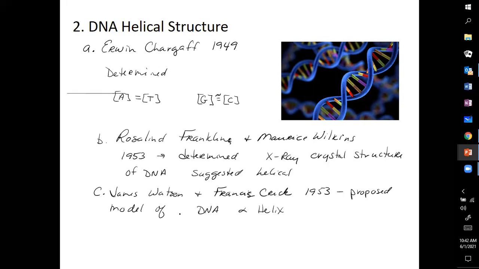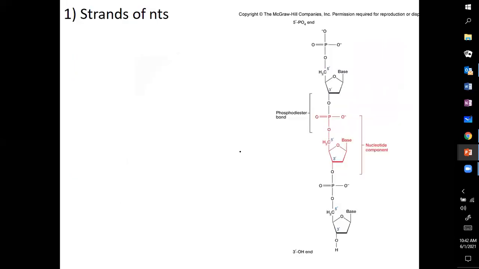So how did they determine it? Well, this is interesting, right? Chargaff's ratios and Franklin's helix. So how did these A's and T's come together to make DNA?